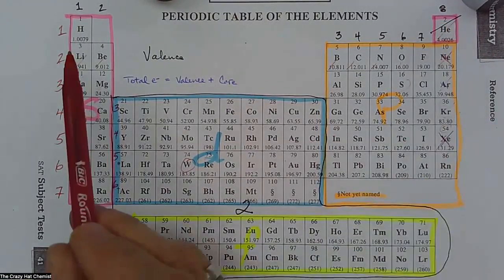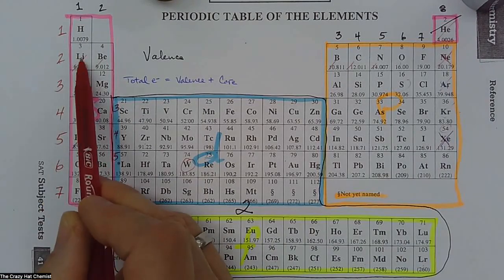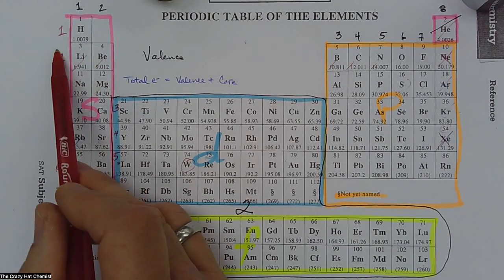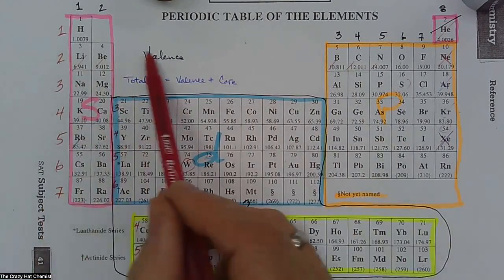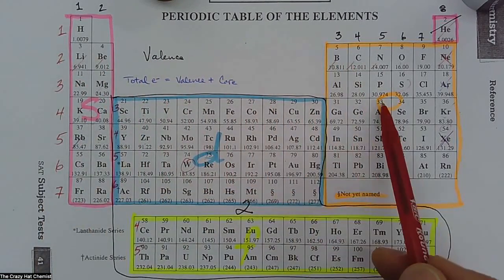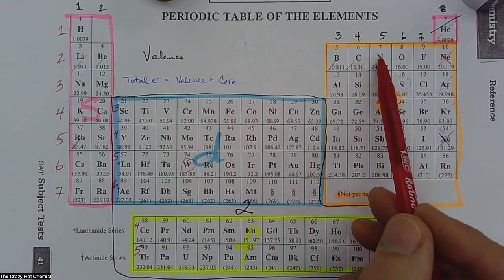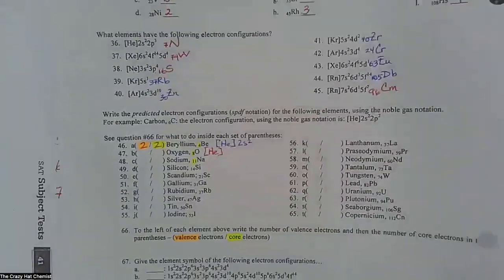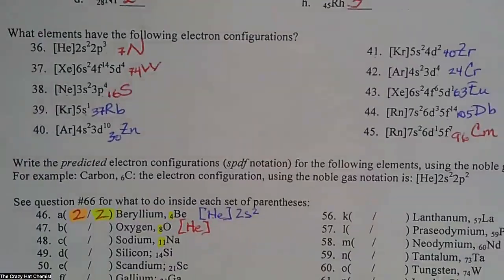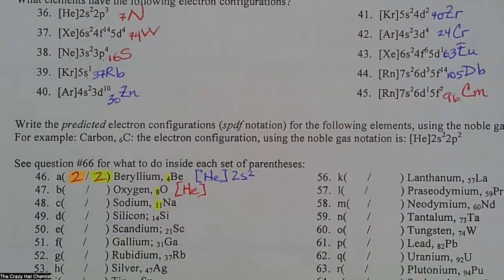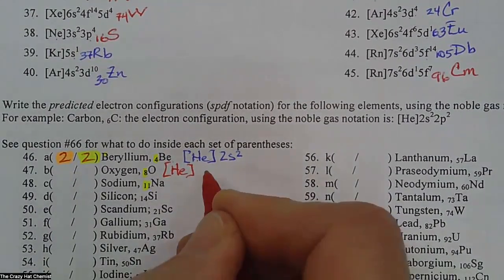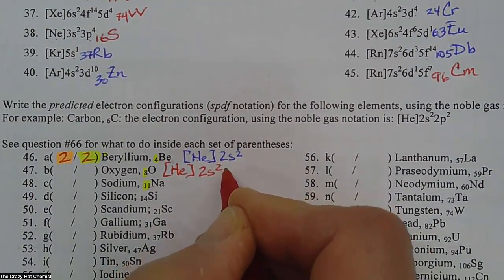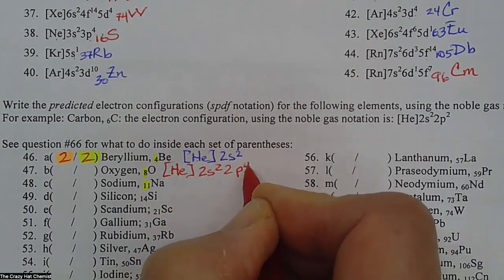So here is helium, then it will be a 2s2, and then it will be 2p, since this is in the same horizontal section. So it's a 2p, 1, 2, 3, 4. All right. So let's zoom in on that and write that down. So that would be a 2s2 and a 2p4.